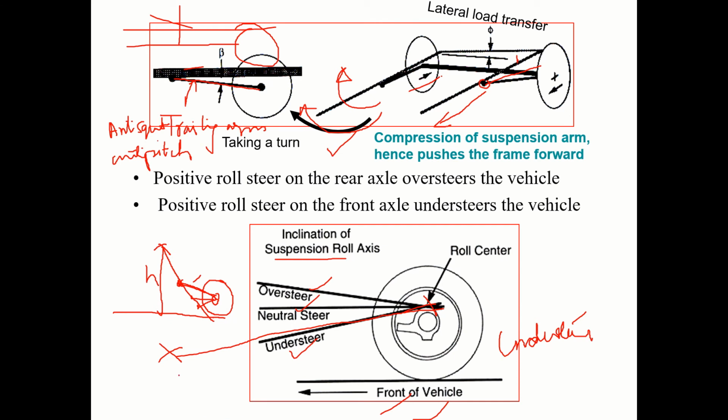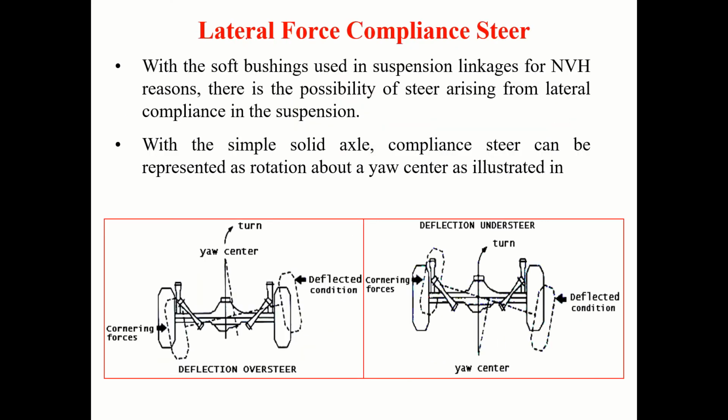Okay, there's a reason why this particular roll axis also you have seen drooping down always. Lateral force compliance steer is another thing. It is basically the use of soft bushes. You can see here because of the cornering forces, correct, about the center.